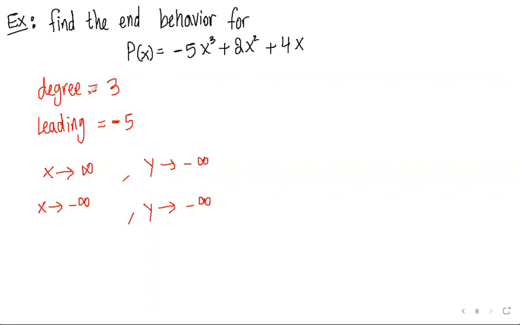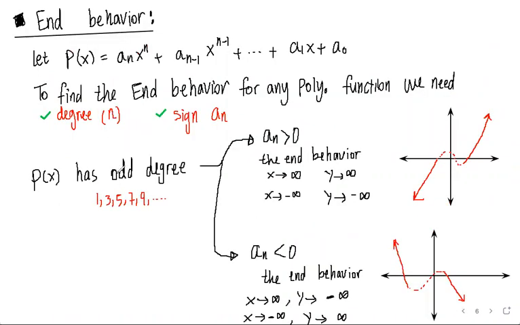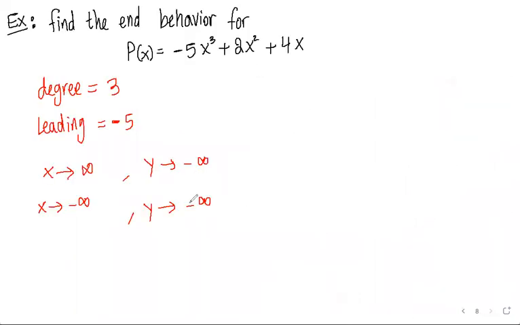So let's check. The degree is 3 and the leading coefficient is negative. Go back. So 3 is odd, and a_n is negative. So when x goes to infinity, y goes to minus infinity. When x goes to minus infinity, y goes to positive infinity.